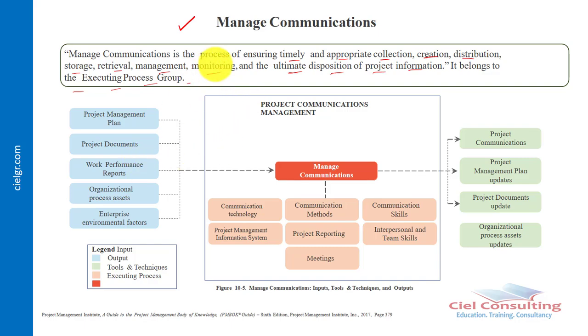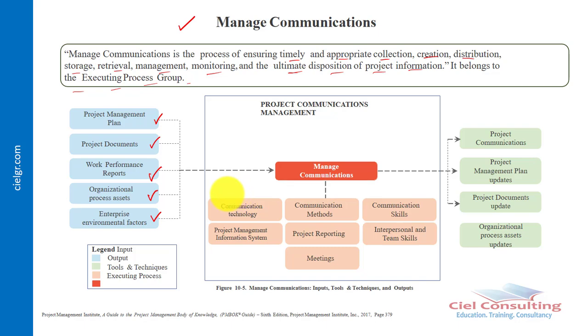Part of the input to manage communications would include our project management plan, then also our project documents, our work performance reports, organizational process assets, as well as the enterprise environmental factors. These are some of the inputs we need to manage communications.